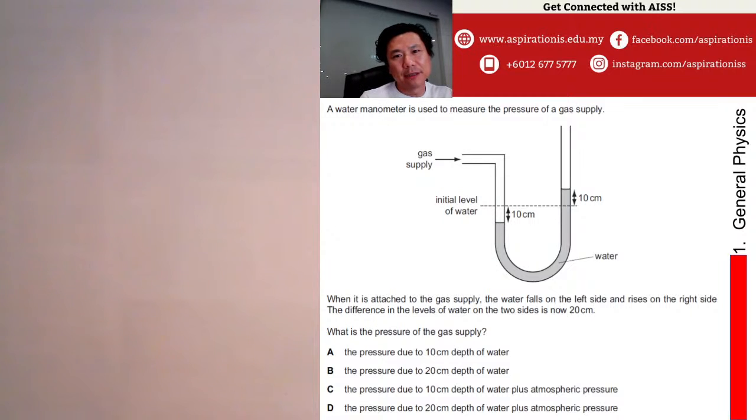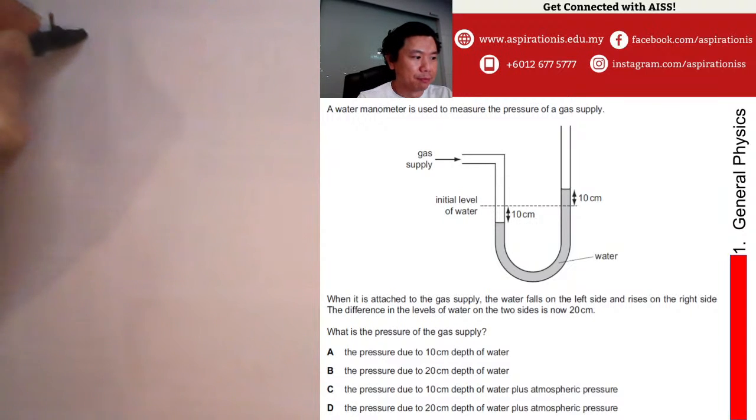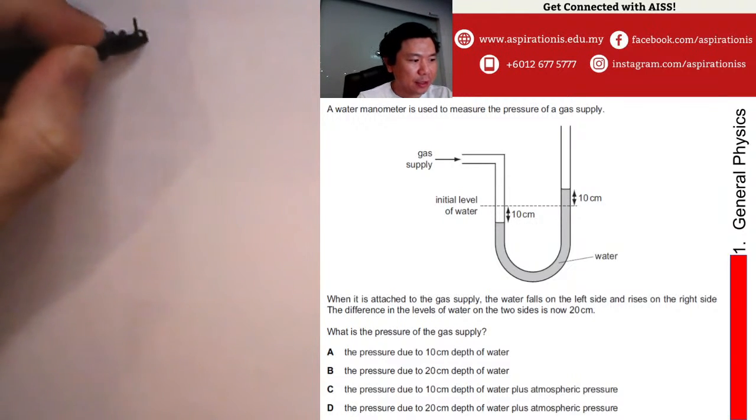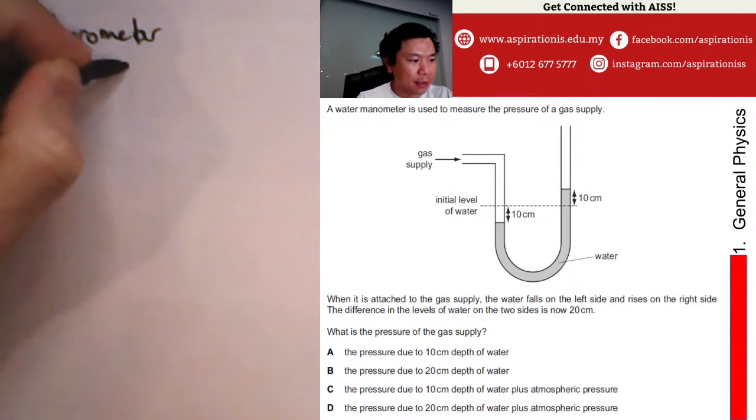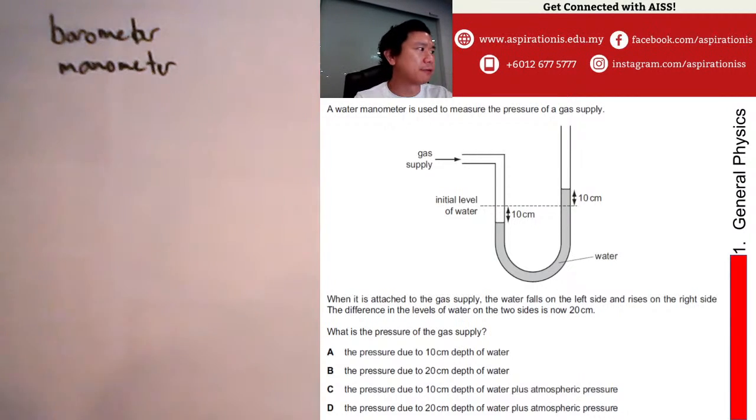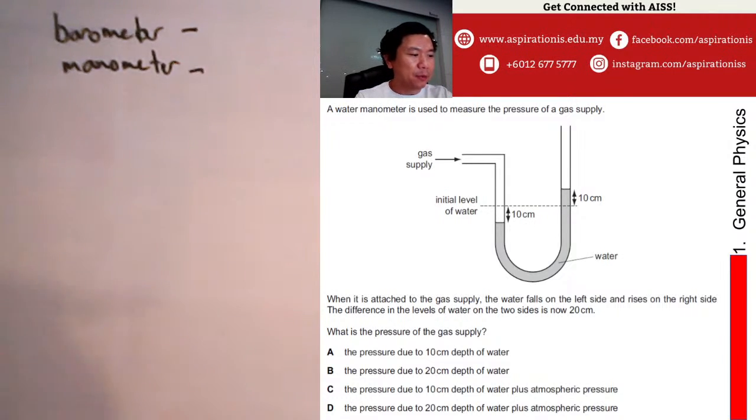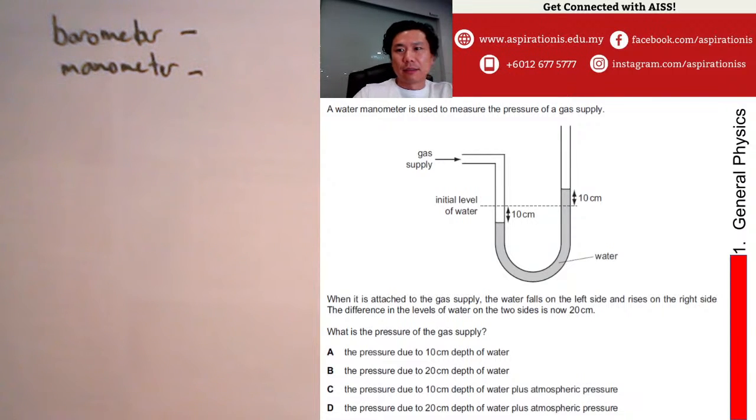Now, I hope you know the difference between a barometer and a manometer. Can anyone tell me what the barometer is used for?